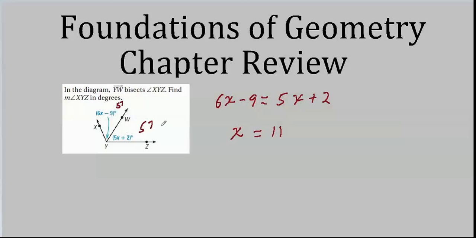So, checking our work, we checked our work just to make sure we had the right x. These two should turn out to be equal. That's why I did that. That's not the answer, though, because they want the total XYZ, which of course is 114. So 114 would actually be the answer.